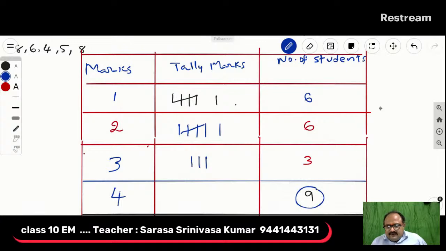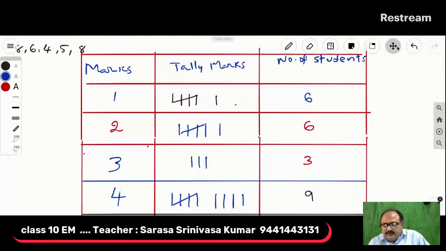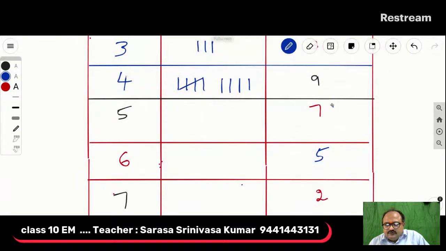Next, tally marks 9. 9 can be written as 5 plus 4. 1, 2, 3, 4, 5, 6, 7, 8, 9. This is how we write this. And next, we should write 7. 7 can be written as 5 plus 2. 1, 2, 3, 4, 5, 6, 7.